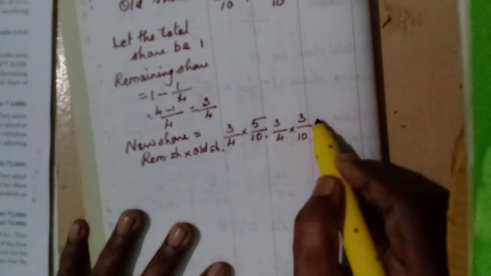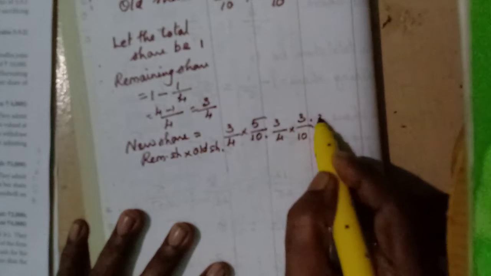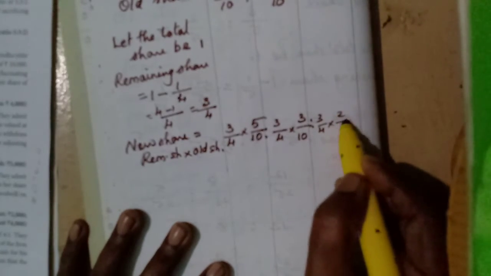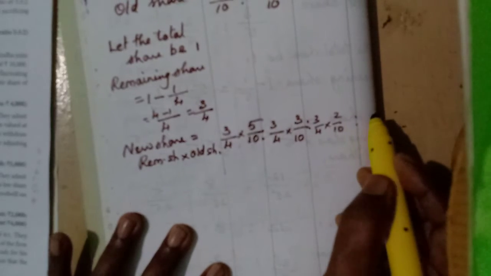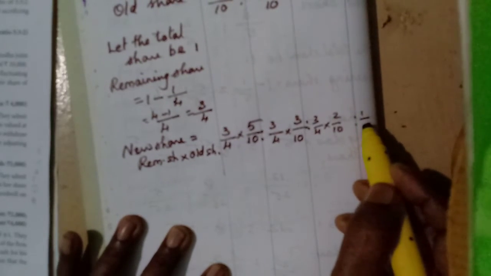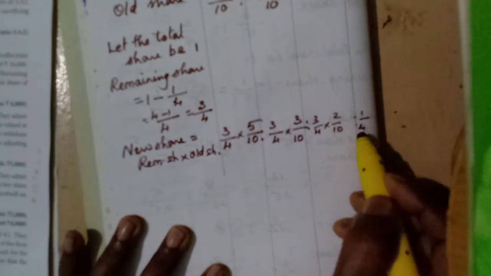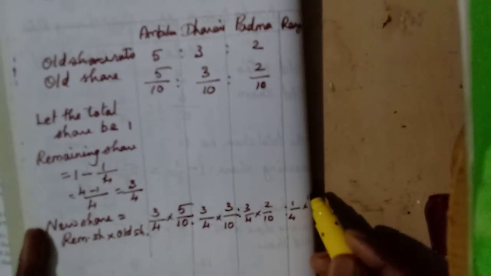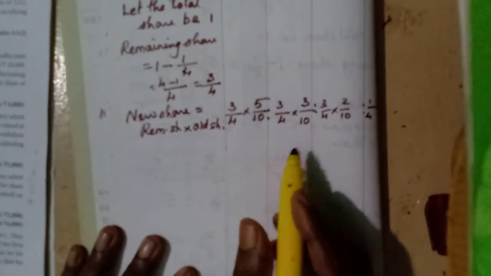Then Padma, remaining share 3 by 4 into 2 by 10 is 1 by 4. Now we need to multiply up and down by 10, then only we will get 40. Okay, LCM.